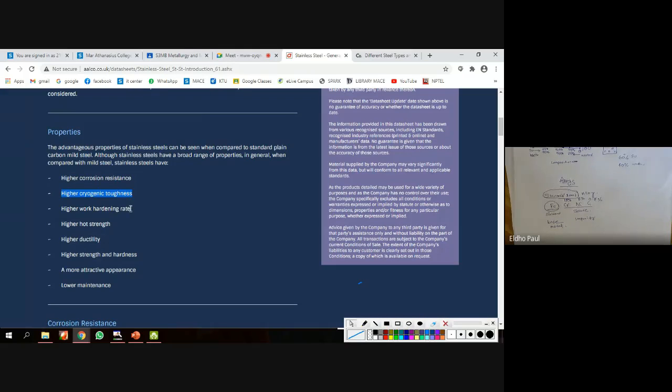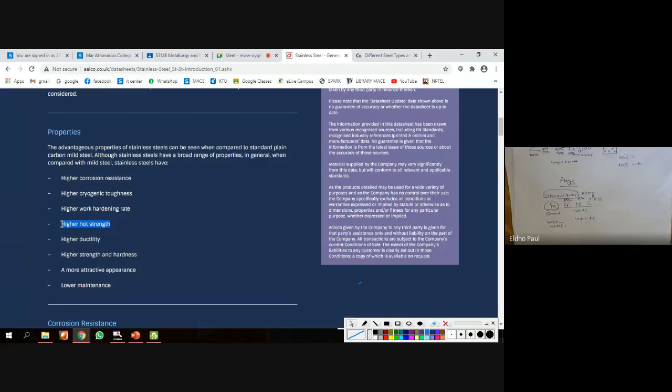And high work hardening rate: we can change the shape, and very difficult shapes can be produced by applying hammering. That is the high strain hardening rate. High hot strength. This stainless steel shows very high strength at very high temperature.